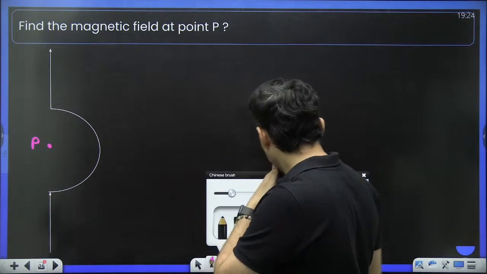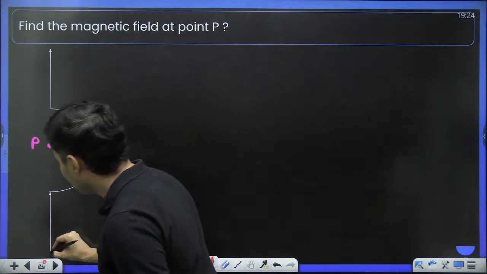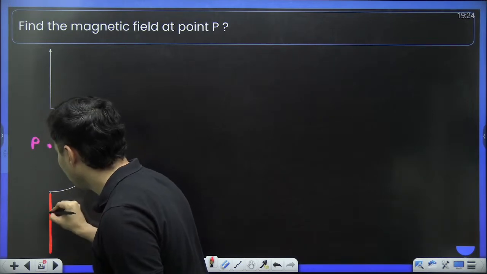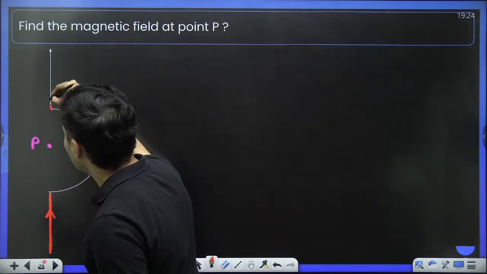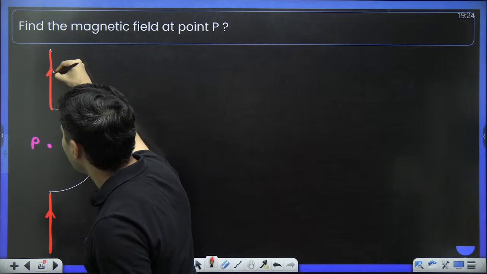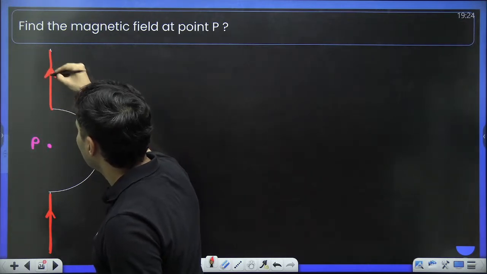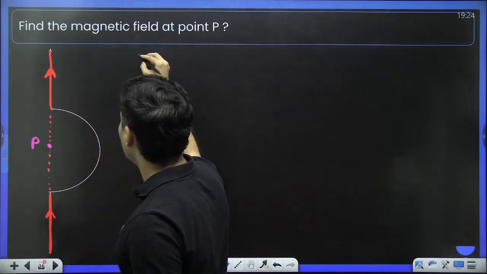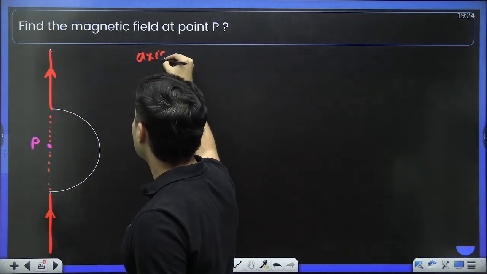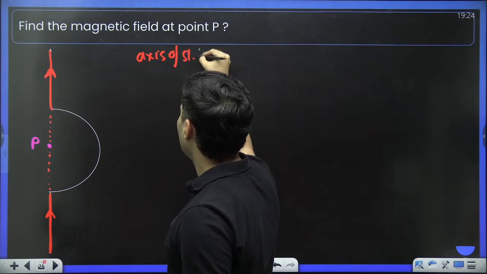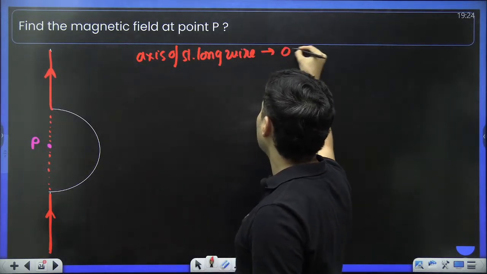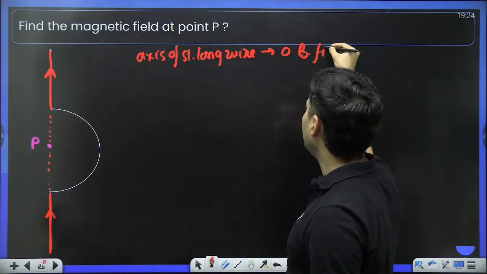If you look at this particular part, which is carrying some current, or even this particular part, believe me, it is on the axis of the wire. And I just told you, on the axis of a straight long wire, it will have zero magnetic field.